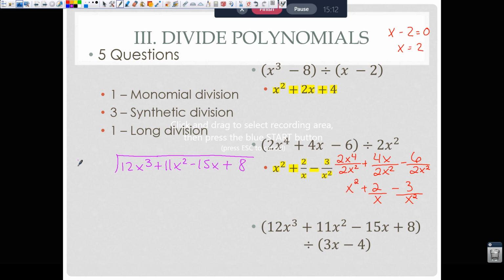Now we have more room. Now I'm going to place my dividend on the outside. Okay, now basically this is like normal division.